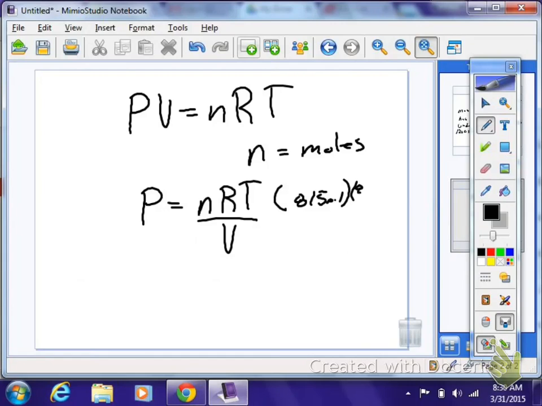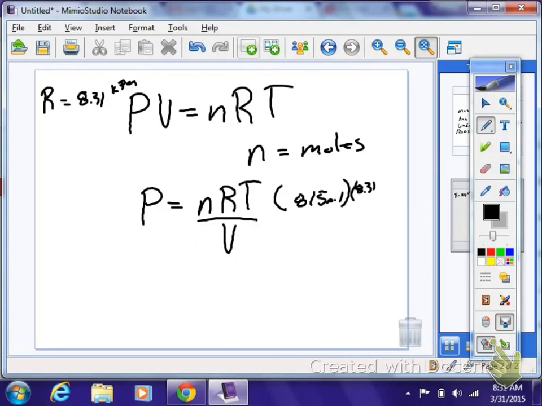What does R stand for again? The constant. There's 3 constants depending upon what pressure they want the answer in. I would write this down in your notes, because I had 2 people today already come up and ask what page the R values are on. So real quick, if it's kPa, like this one, R is 8.31.